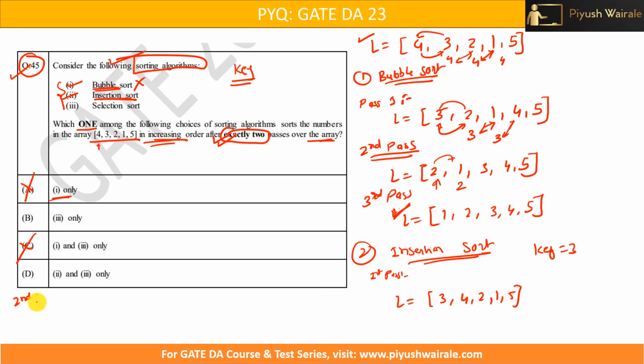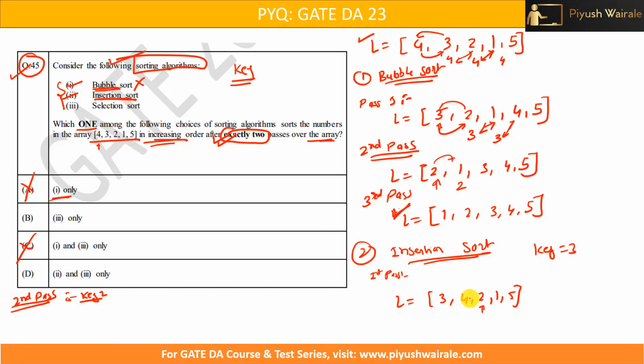Now what about the second pass? In the second pass, I will take the key as 2. In the case of the second pass, the key will be 2, because we have fixed the first element. In the first pass we compared the key, that is 3, with the first element. In the second pass, we are comparing this particular key at index position 2 with 4, right? So now the key is 2.